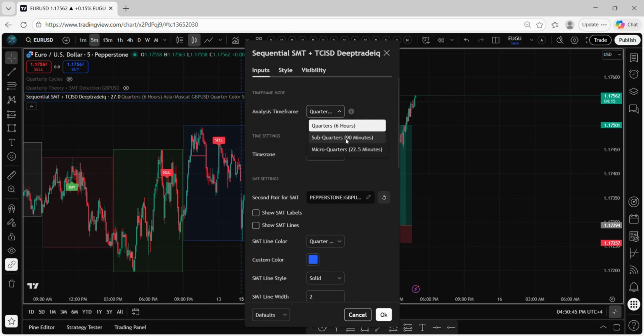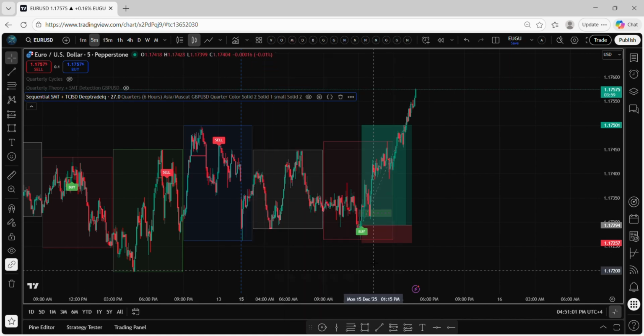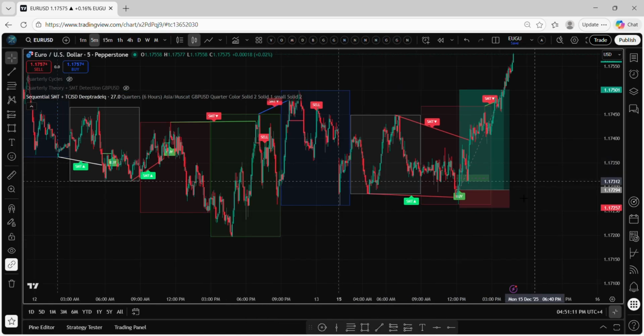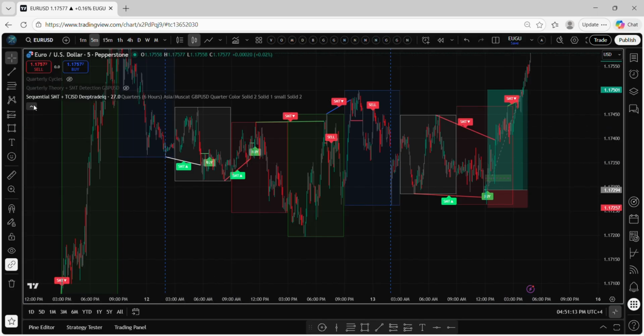So proceeding to our indicator, if we apply the first setting, quarterly 6 hours, then what will we see and how will it play in the market? It will detect SMT, actually sequential SMT, between 6 hour quarters.